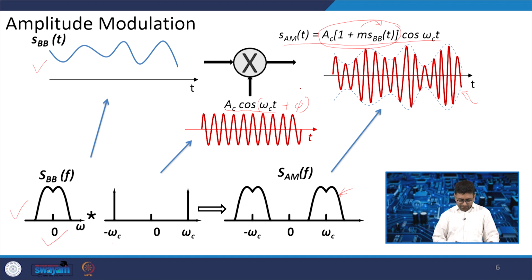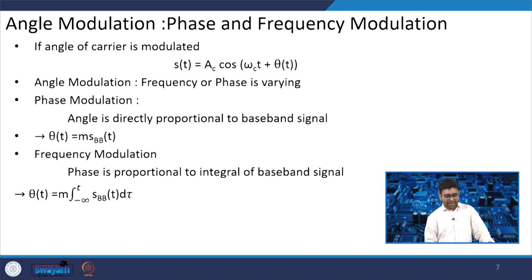So, this angle will be changed. Angle modulation has two parts: you can define it as phase modulation and frequency modulation. Phase modulation and frequency modulation are special cases of angle modulation.